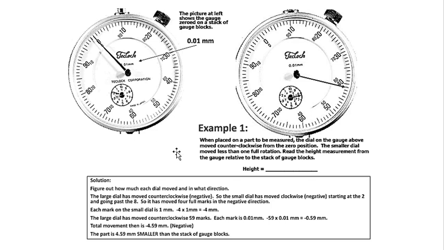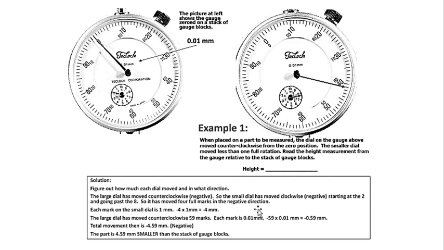Count those markings. So you're going to either add or subtract. You know the sum of your gauge block stack, an accurate specification, because the values are written on your gauge blocks. So you just sum it up and then either add or subtract the reading after you swap your object with your gauge block stack.